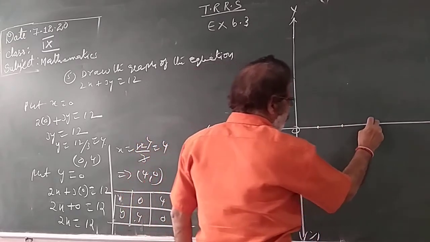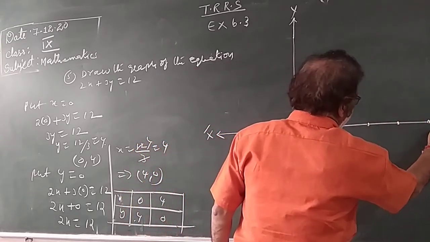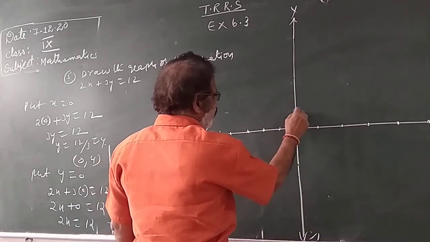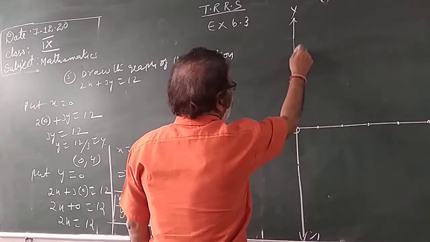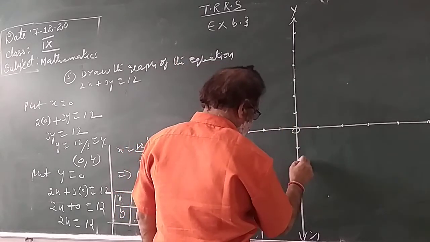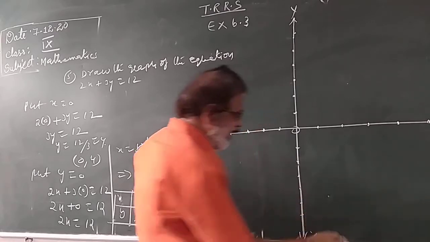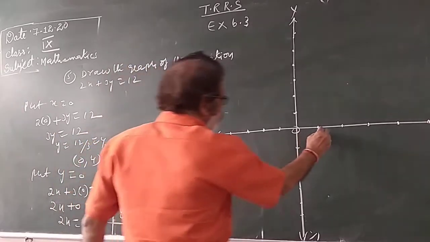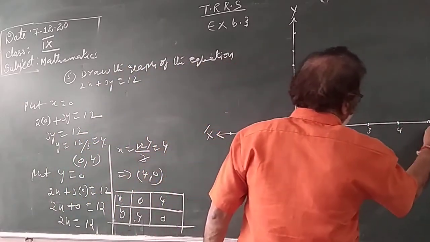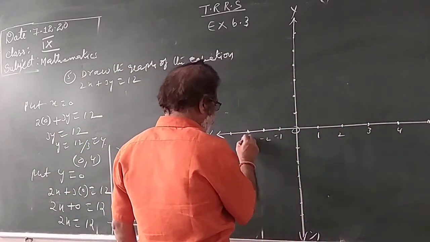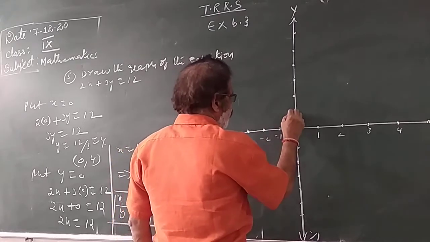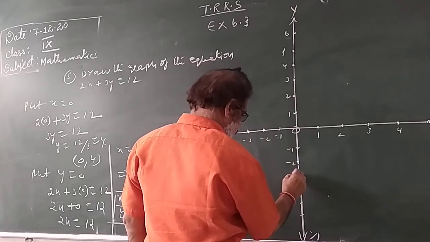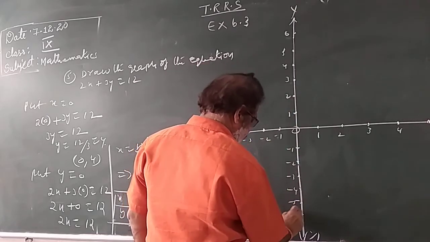Like this you can mark 1, 2, 3, 4, 5, 6 as many as we can mark on the graph, and on the negative side minus 1, minus 2, minus 3, minus 4, minus 5, and so on.